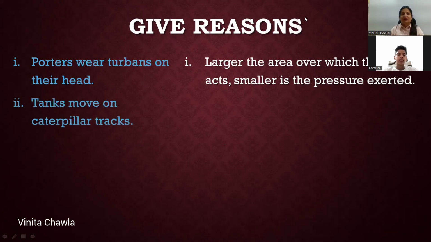Next, tanks move on caterpillar tracks. Have you seen army tanks? They have so many wheels and a belt, right? Tanks move on caterpillar tracks because they are very heavy.